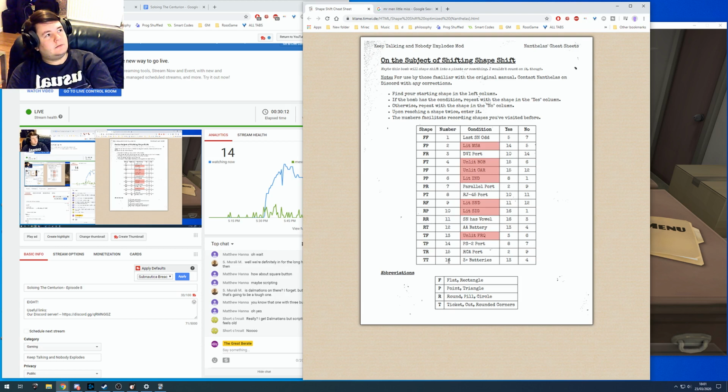So you've got rule 2 is a lit MSA. You've got rule 4 as an unlit BOB. You've got rule 5 as an unlit car. You've got rule 6 as a lit IND. I'm not sure what the numbers are, but a couple down you've got, I think is it 9 and 10? You've got as a lit SND and a lit SIG.